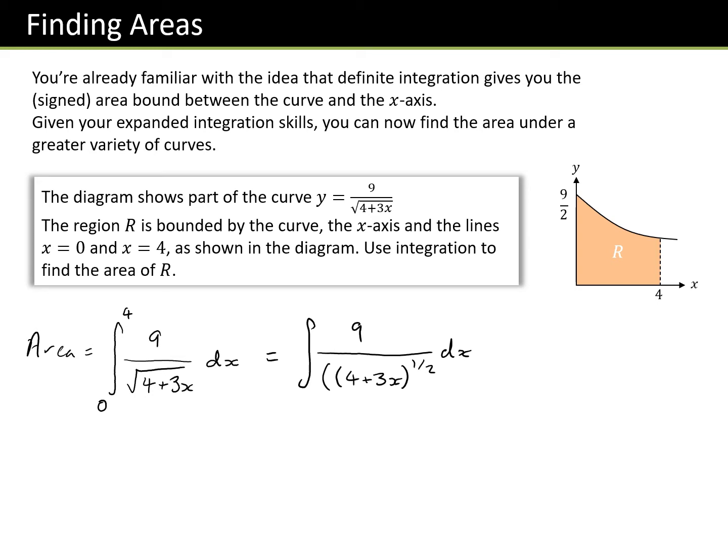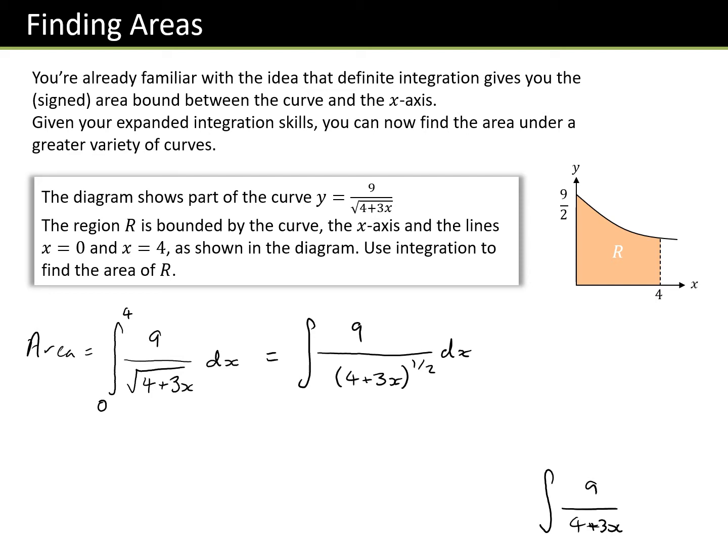If we didn't have the power of a half here, if it was just that, this would be a natural log. When you integrate this, it would be a natural log.